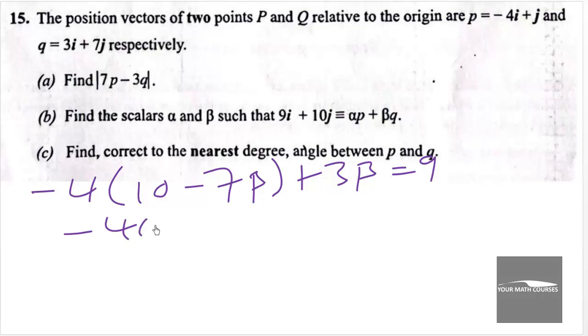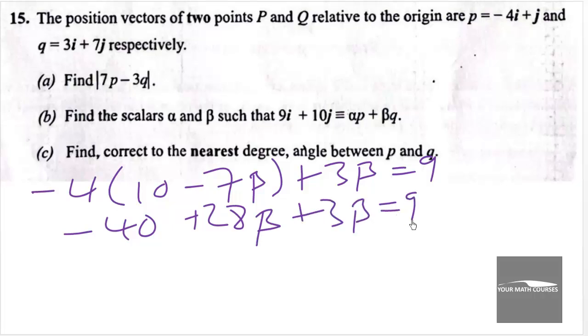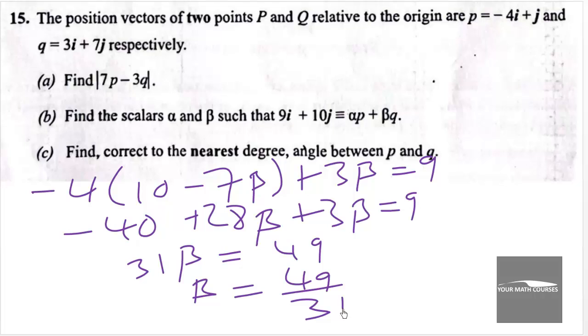We have negative 40 plus 28 beta when we expand, plus 3 beta is equal to 9. So this simplifies to 31 beta is equal to 49. So beta will be equal to 49 over 31.